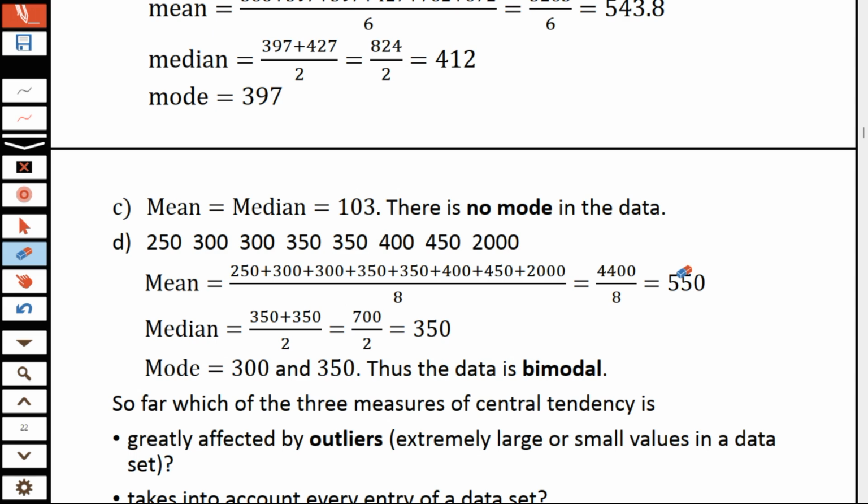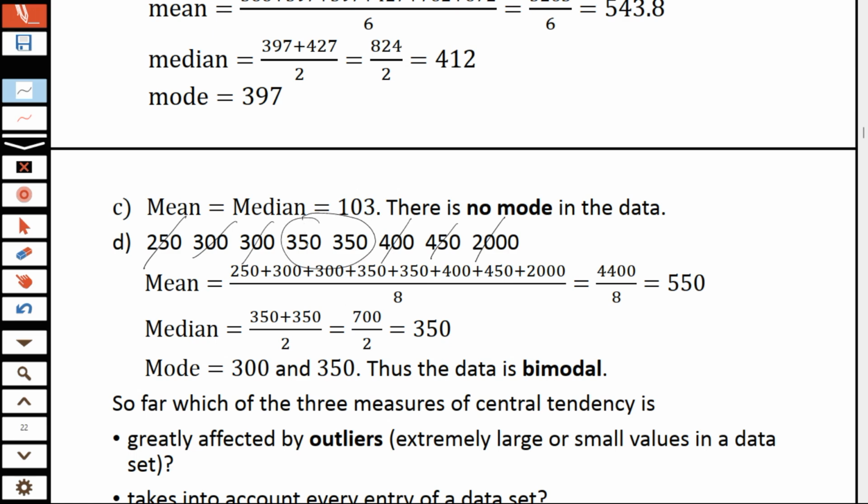So what will be our median? Since this is already arranged in order, for our median we are going to get two digits to represent our middle number, and then we just find the midpoint. Since our n is equal to 8, once your n is even, you are going to get two middle numbers. So here we cancel that, cancel that, cancel that, cancel that, cancel that, cancel that, and then we are left with this.